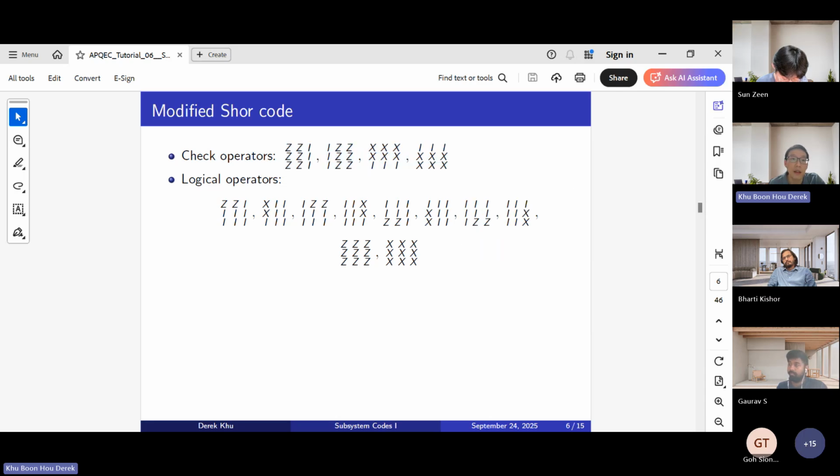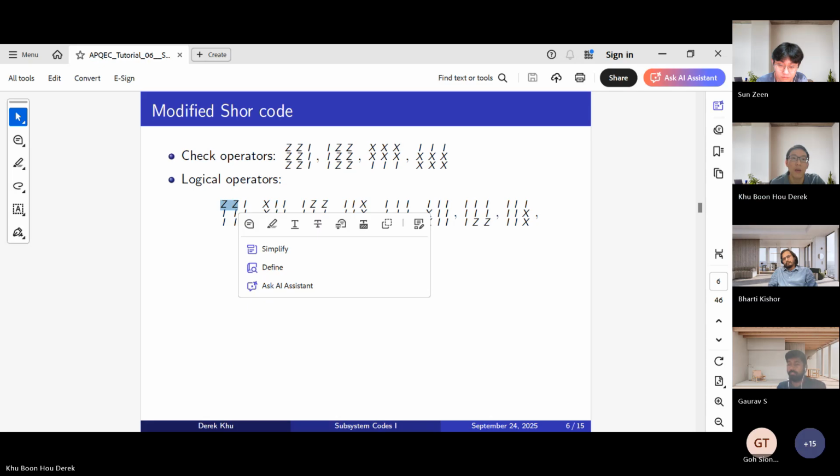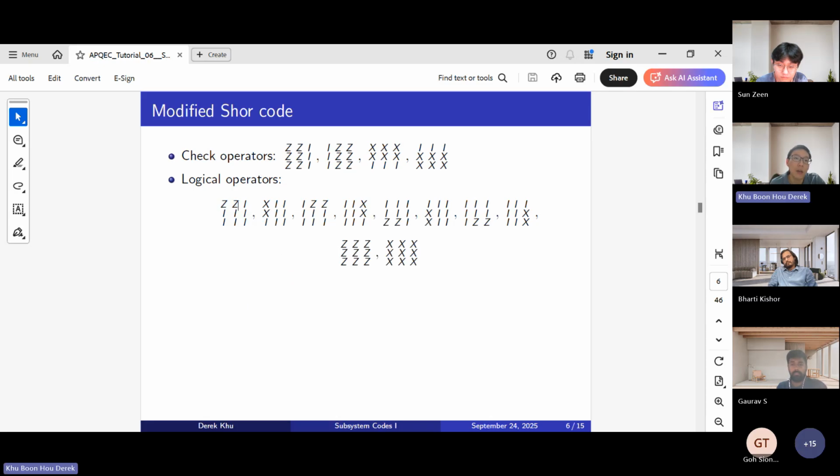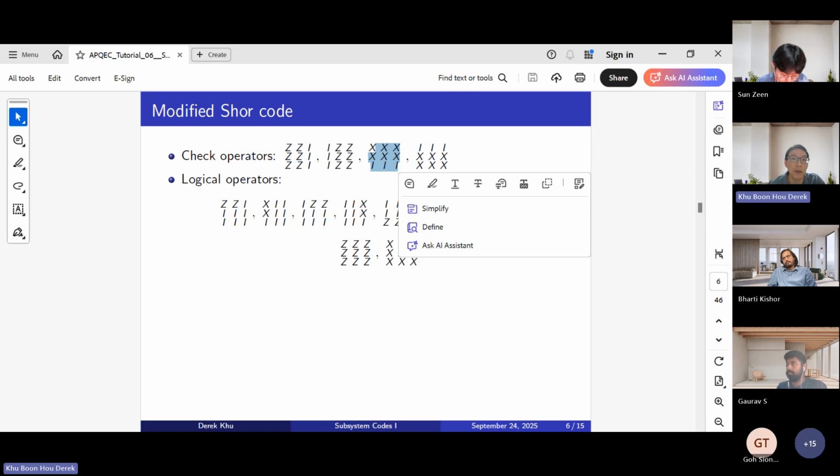We see that this guy would commute with all the check operators, because it would always commute with anything with Z's in it, and it commutes with this operator because they overlap in an even number of spots, right?